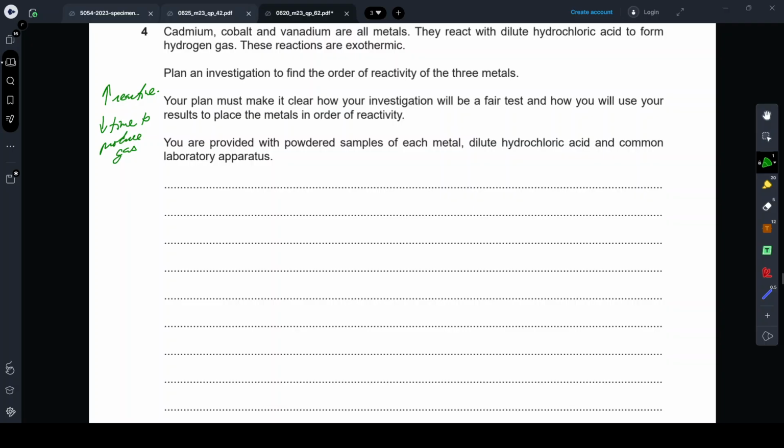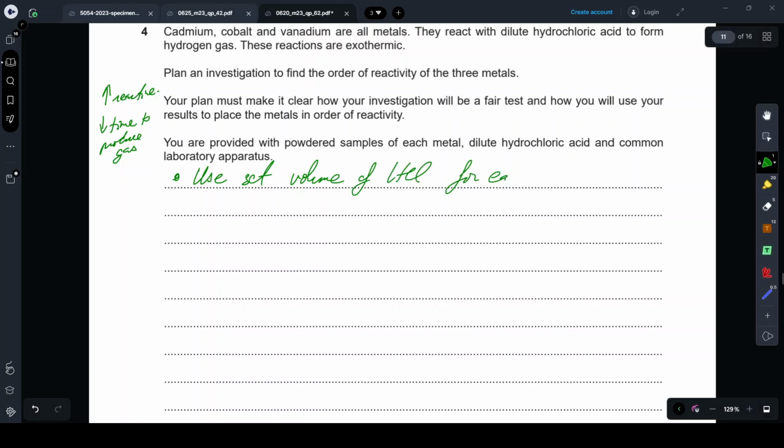Right, if you're using the same amount, perhaps, you can either measure the volume of gas or the time taken. So first of all, you're going to use a set volume of HCl for each test, so they're going to keep that constant.